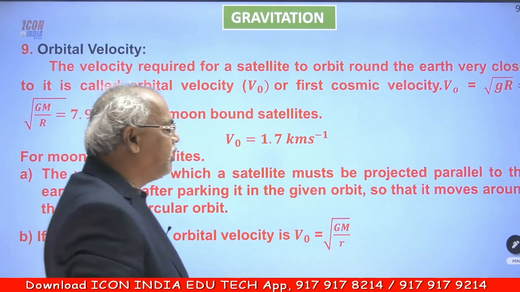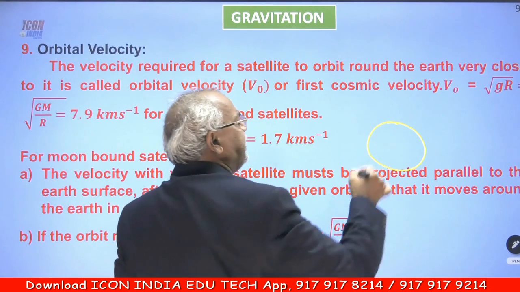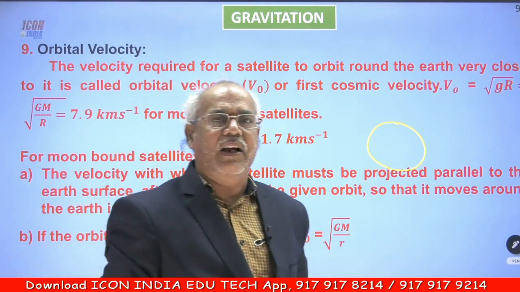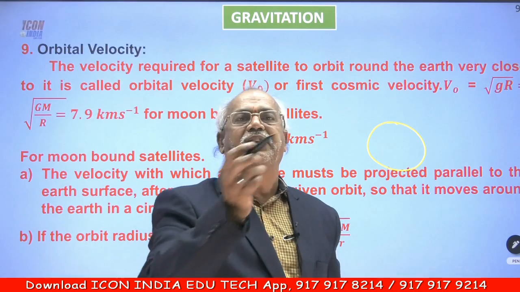Orbital velocity means, suppose we are sending a satellite from the surface of the earth to revolve around its orbit.